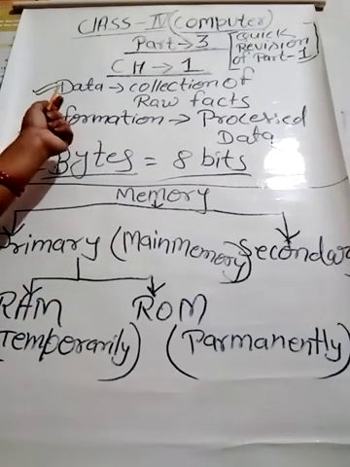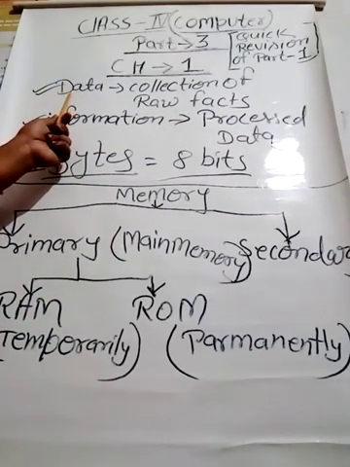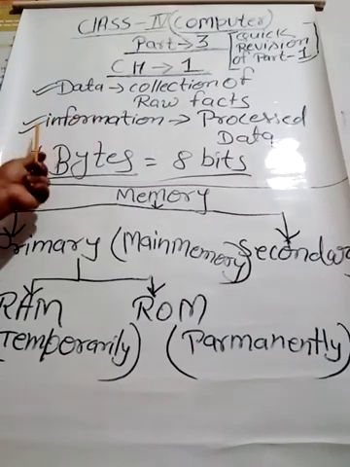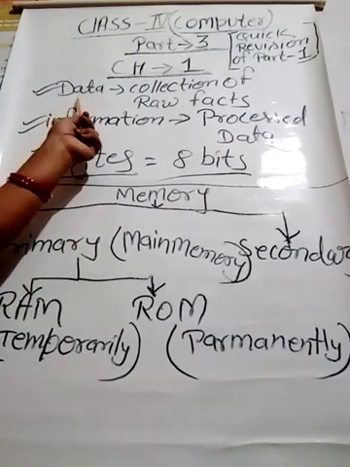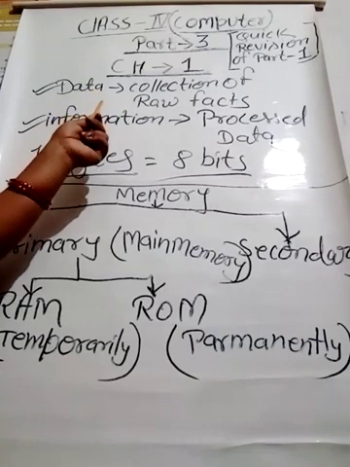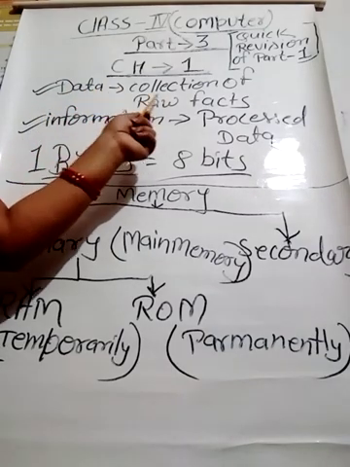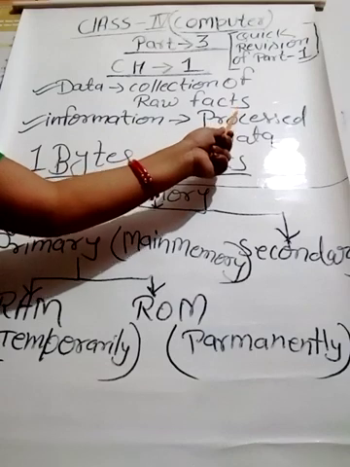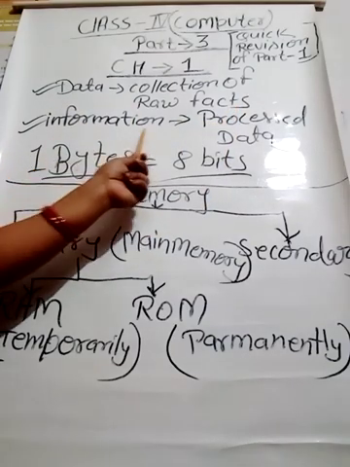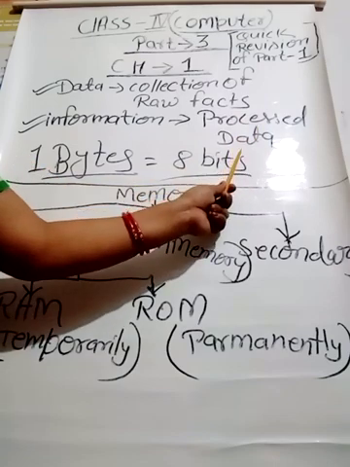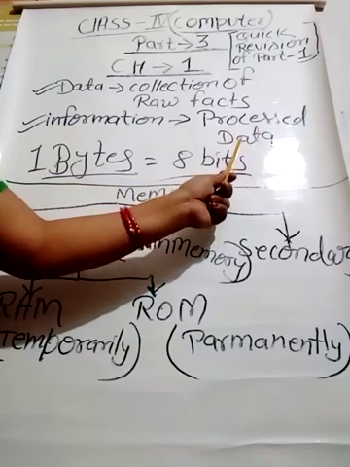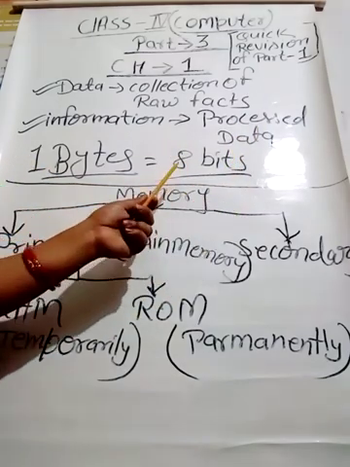Okay, two things are coming. What is data and what is information? First one, data. Data is a collection of raw facts. And what is information? Information is processed data which gives us a meaningful result.